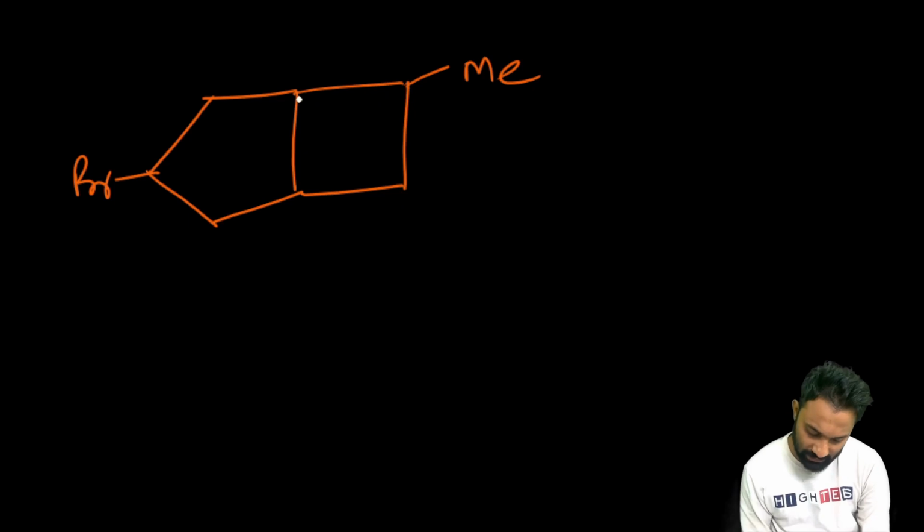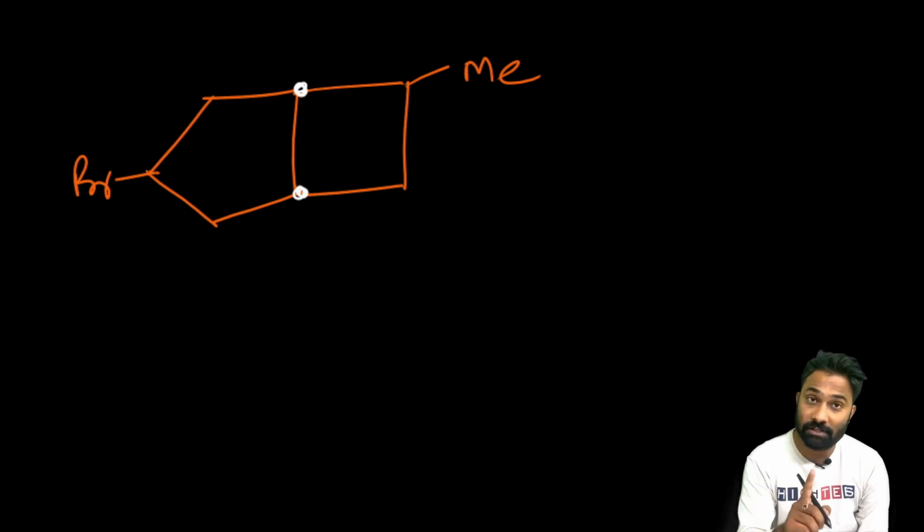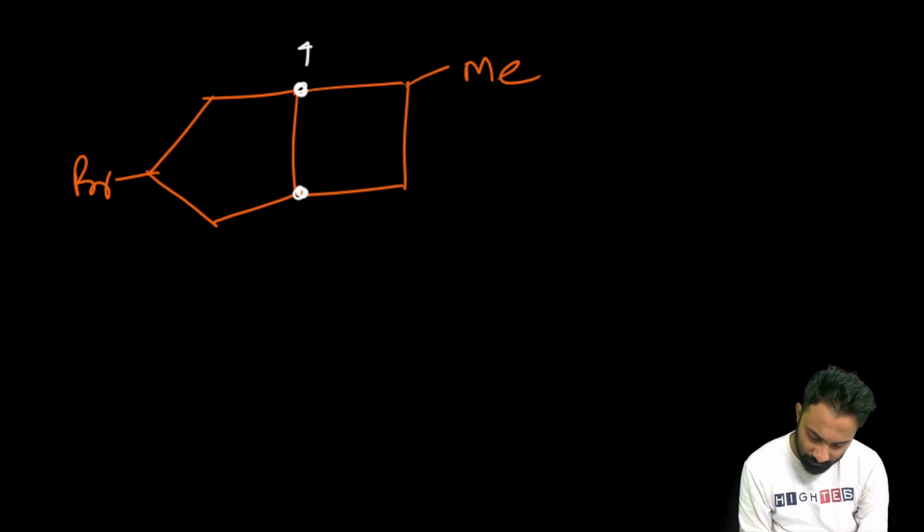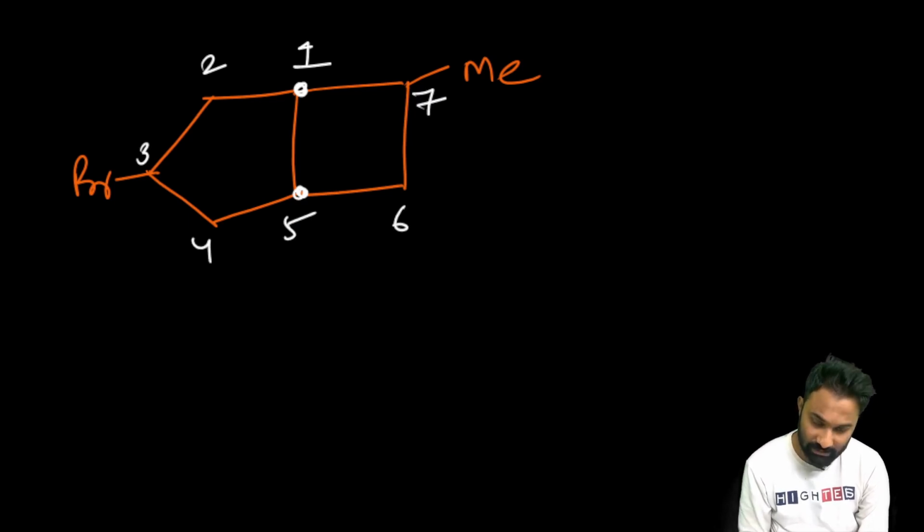Now you see, select the bridged carbon which will give you the lowest sum or lowest numbering for the substituent. First the bridged carbon, then the high numbering of the carbon path, followed by the substituent. If I choose the numbering for this one, here 1, here 2, here 3, here 4, here 5, here 6, and here it is 7.